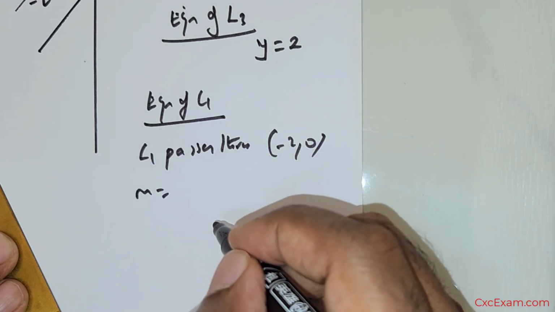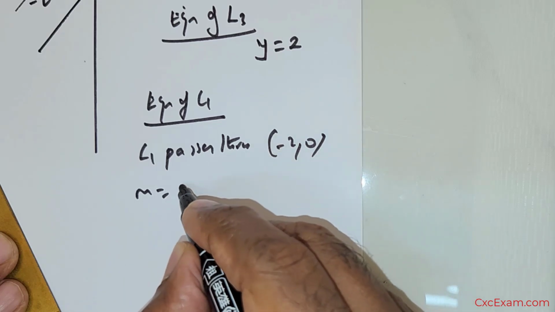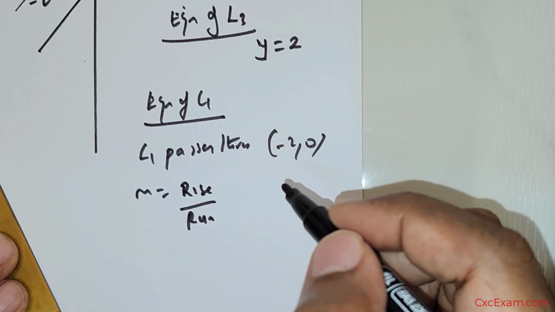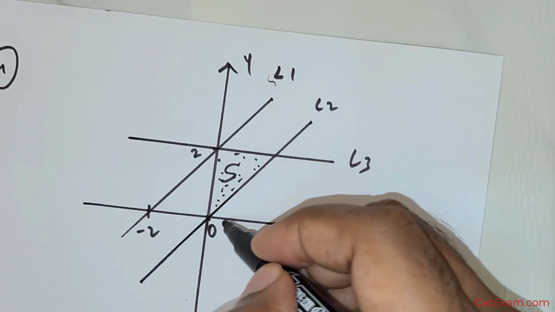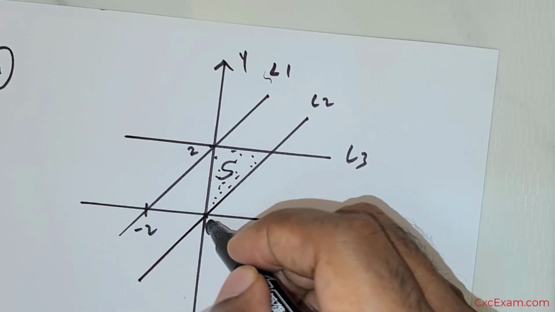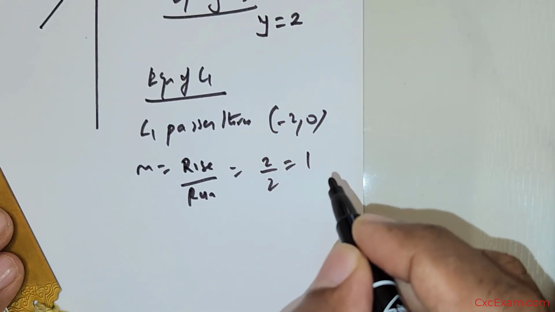But what formula I am going to use is slope is equal to rise over run. It's a straightforward formula. So rise, how many units it is rising from here? 2 units. How many units it is running? 2 units. So rise over run, slope is equal to 1.